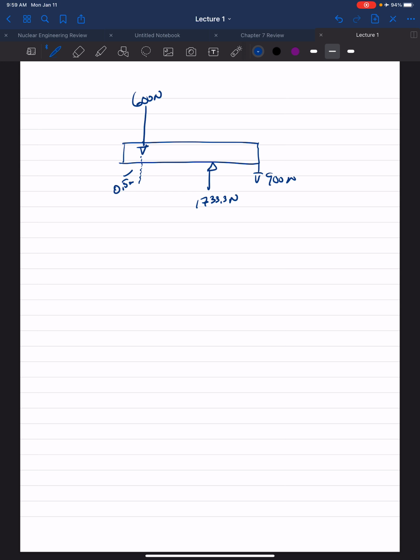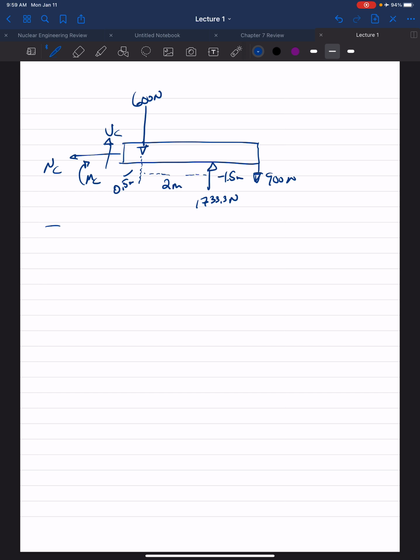This distance here is 1.5, and this distance here is 2. Our normal force at C, our shearing force, and our bending moment are the unknown internal loadings we have to solve for.